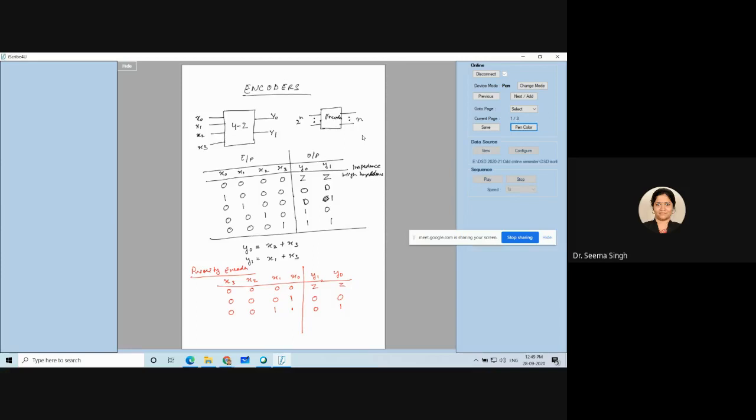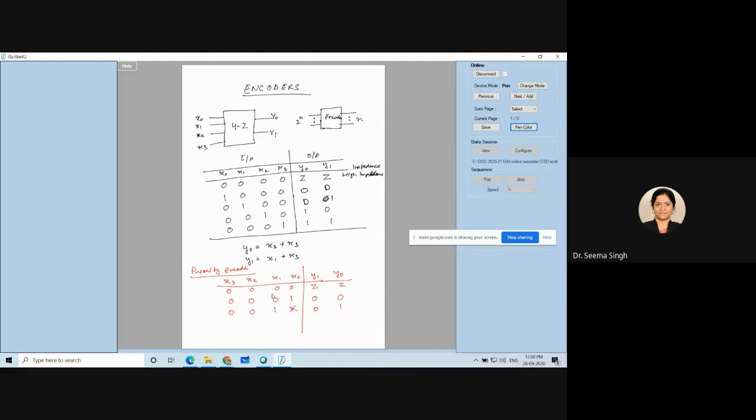Even though x0 was 1, I did not give importance to it. I am giving priority to MSB because 1 is a more significant bit than 0. So I gave priority to that and treated the other as a don't care. Now let it be 1 or 0, I don't bother. Output will be 1 if x1 is 1.